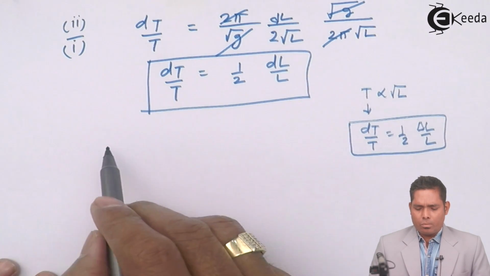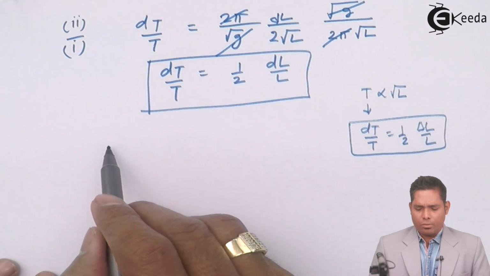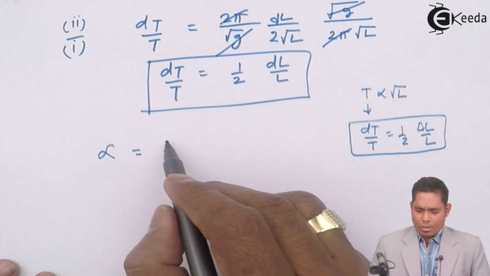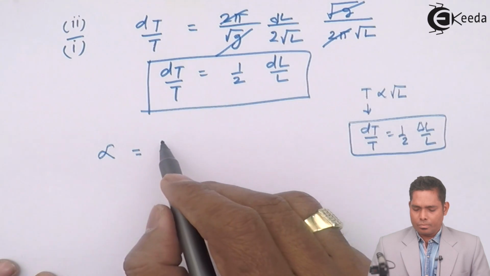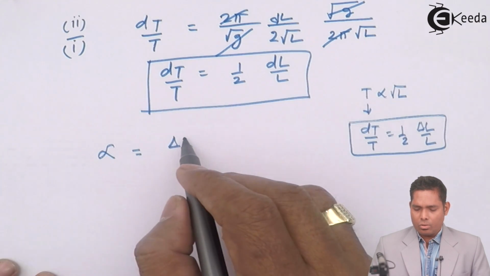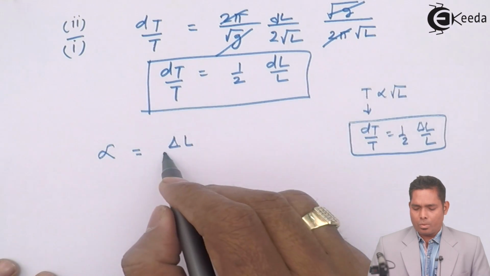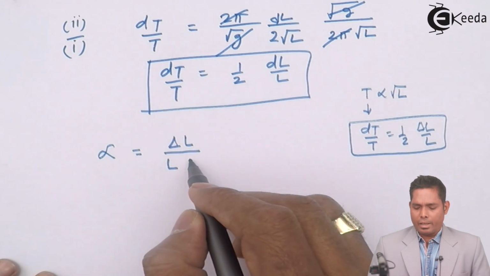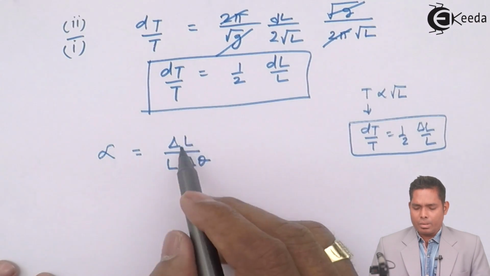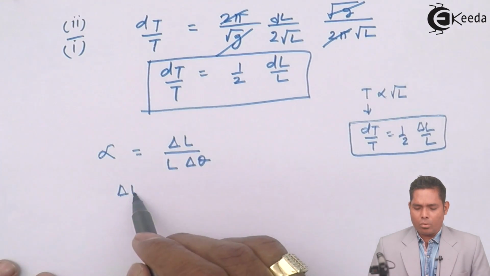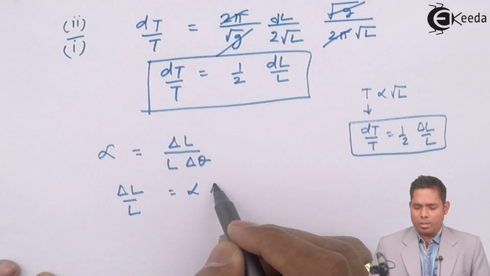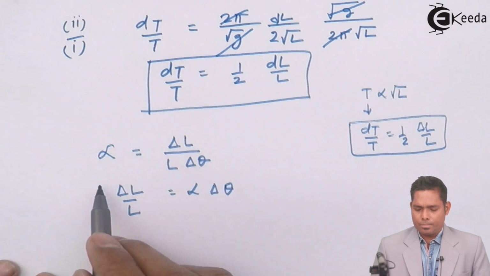From the coefficient of linear expansion, alpha equals change in length upon original length times change in temperature. So from here, delta L over L is equal to alpha delta theta.